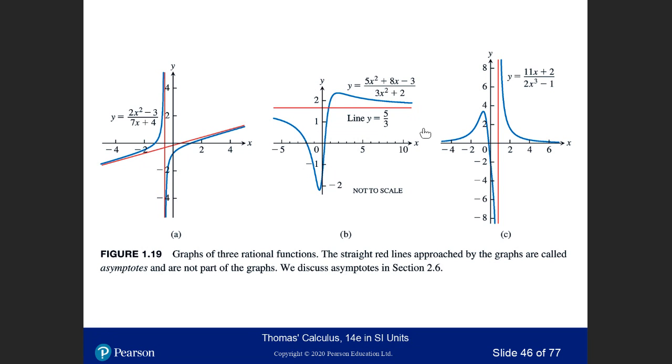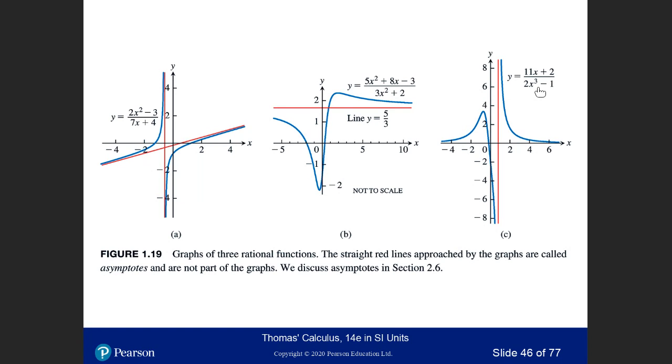Like this. This is another rational function, and as x grows, you have both x squares here, so you should approach a horizontal line. There's no problem like this here. I mean, this 3x squared plus 2 is never 0, so you don't have a problem in the denominator.